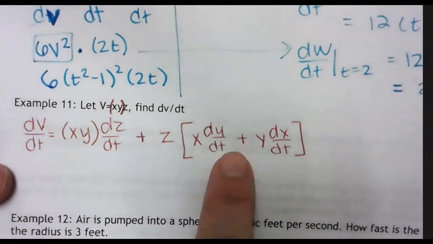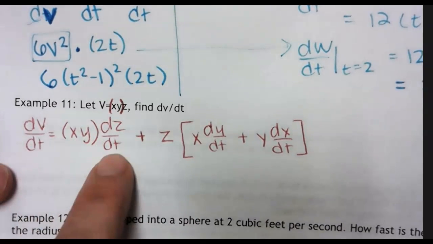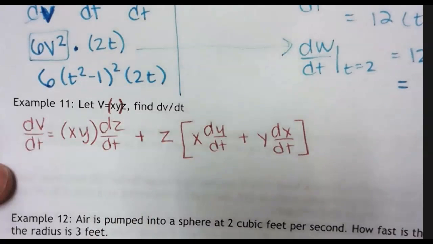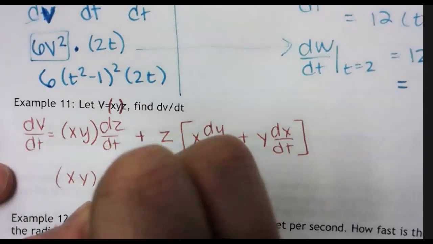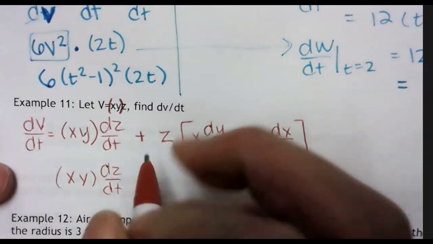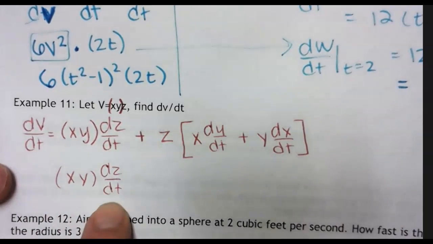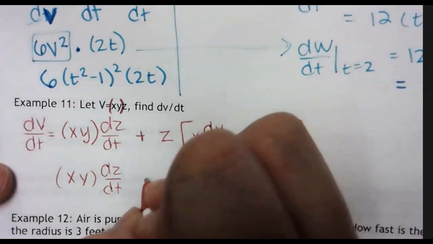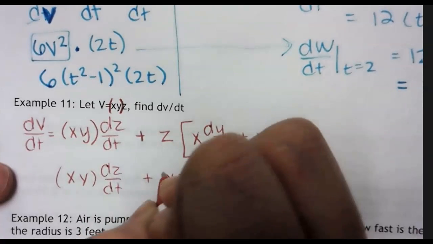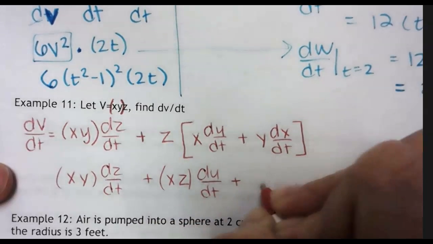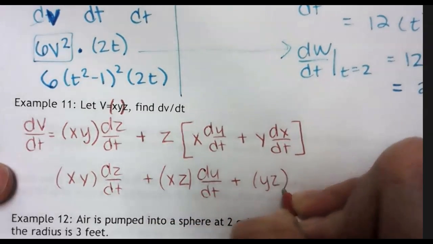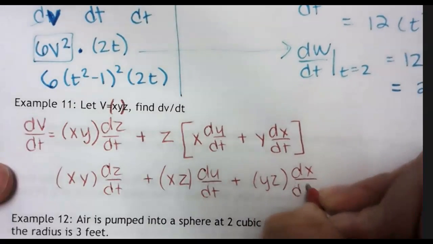So this dv dt would become xy dz dt plus, and then you would distribute your z in. So it's x times y, rate of change of z, plus x times z, rate of change of y, plus y times z, rate of change of x.